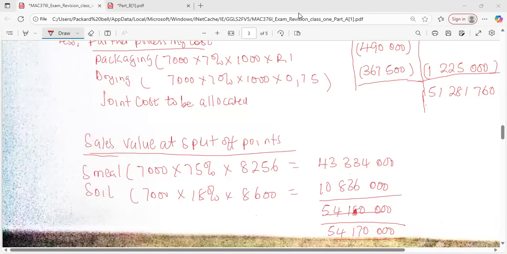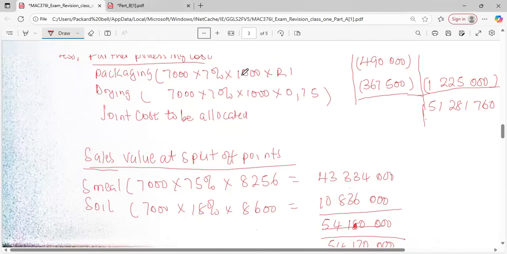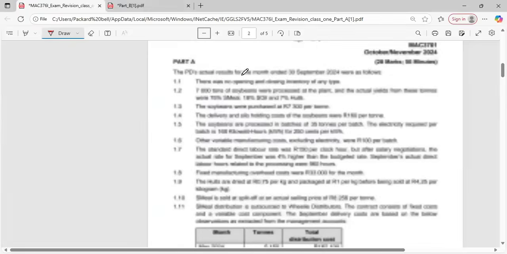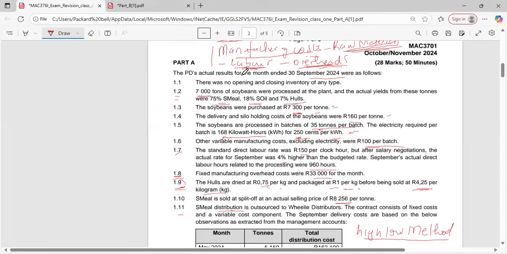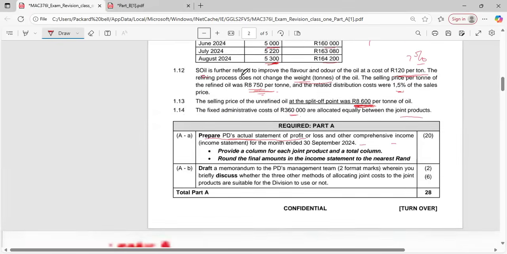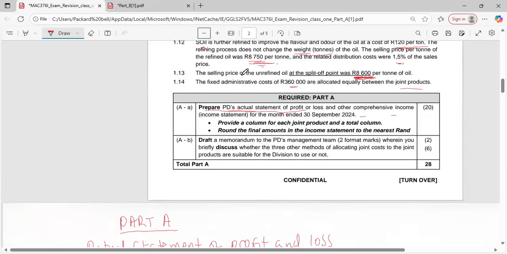I want you guys to check on this question in part A. There's B here. It's also important. If you don't have a textbook, you can use our notes.